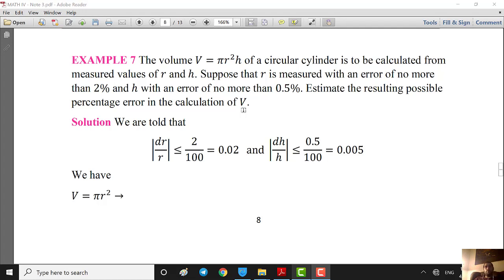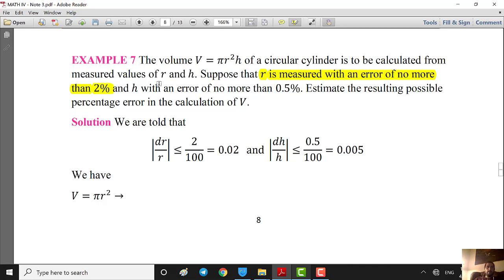First, we have to interpret what this example is telling us. It tells us that R is measured with an error of no more than 2%. Now, what does that mean? It means that the absolute value of dr over r is smaller than 2%, 2 over 100, which is 0.02.